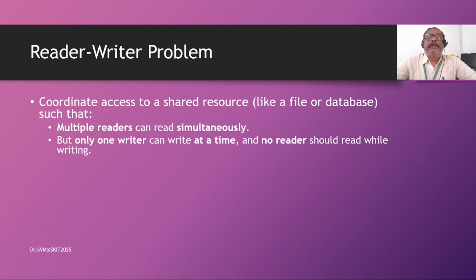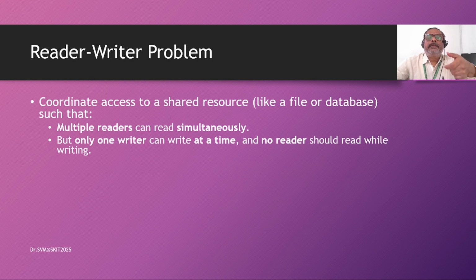But when it comes to writing, when we are writing data onto the shared resource, only one writer should be allowed at any given time. While writing, the data will not be in a consistent state, and hence no reader should be allowed to read the data either.